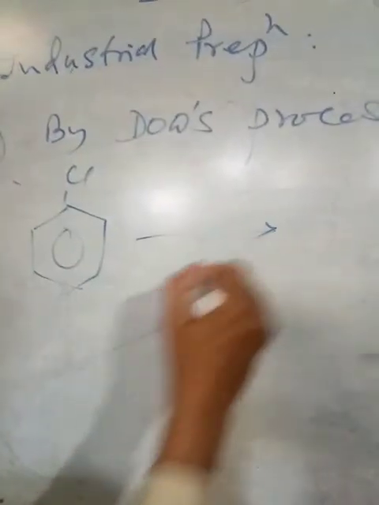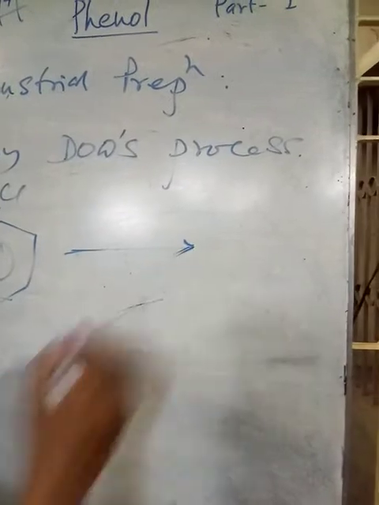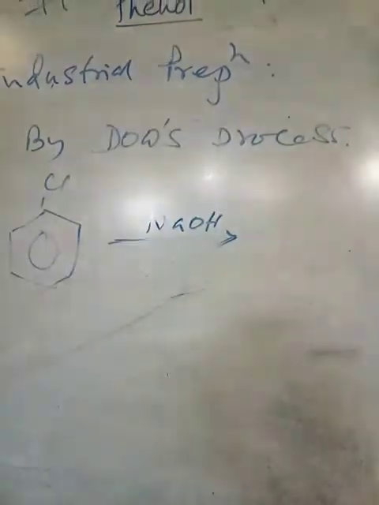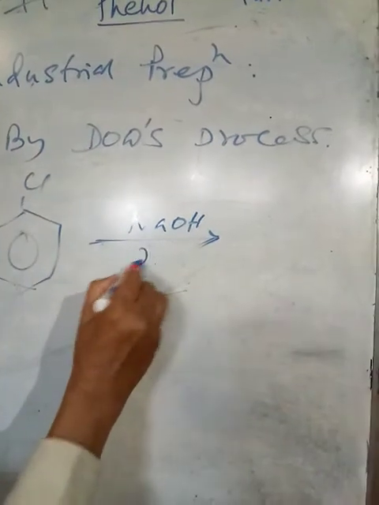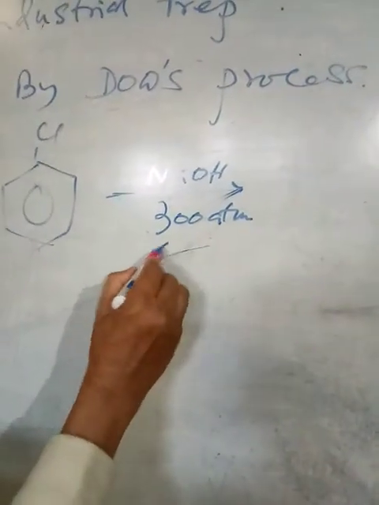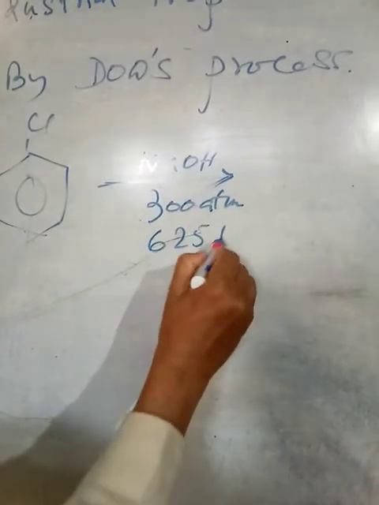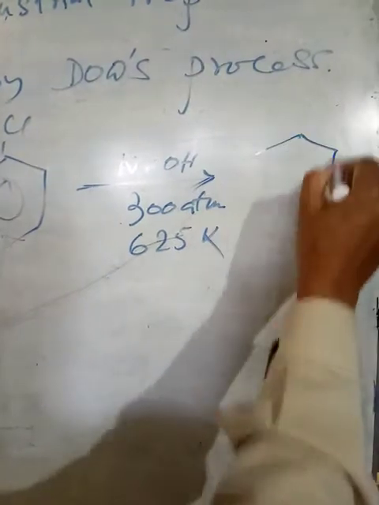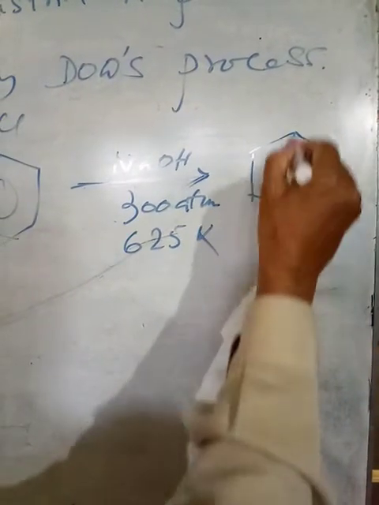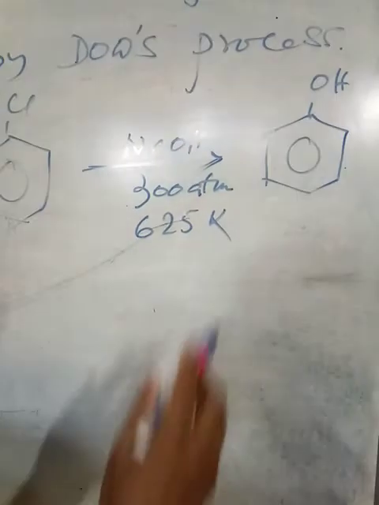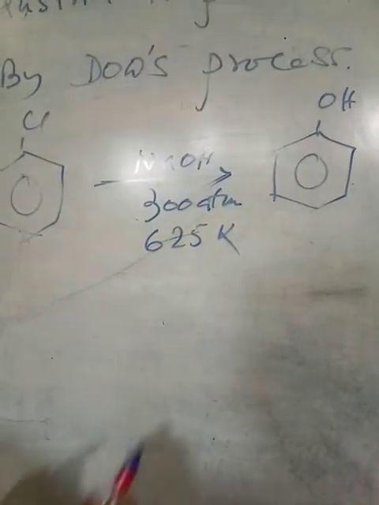If you take chlorobenzene and heat with sodium hydroxide at 300 atmospheric pressure and 625 Kelvin temperature, then the chlorine group will be substituted by a nucleophile, the OH group. This is a nucleophilic substitution.